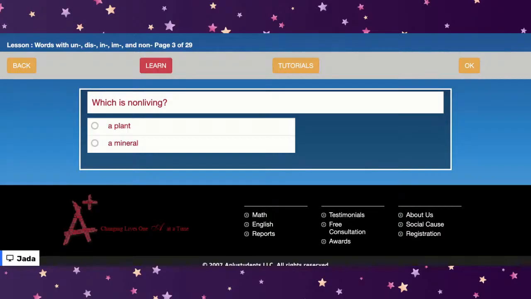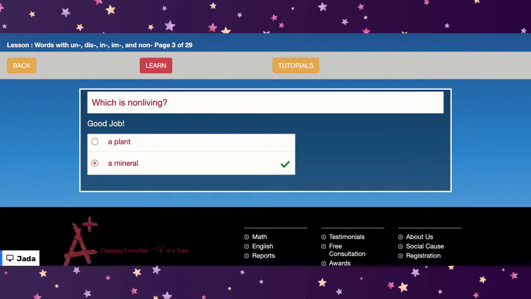Okay, guys, send in your answers. I want you all to participate so that I know whether you understand or you do not understand. So send your answers. Which is non-living? Option two. Okay, good job.